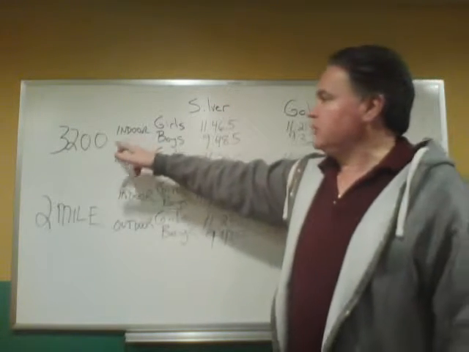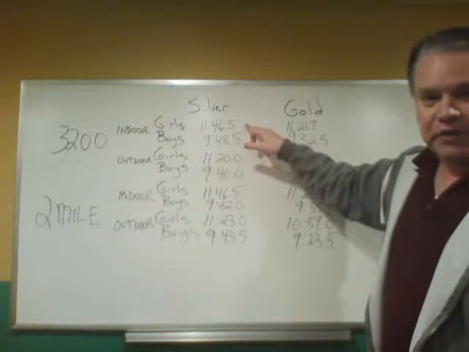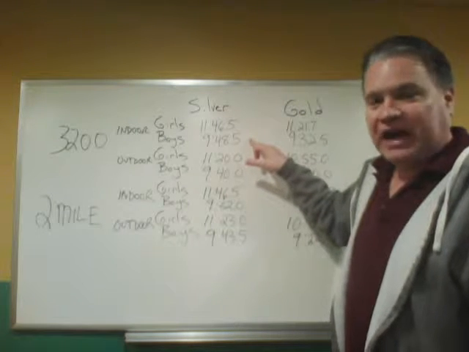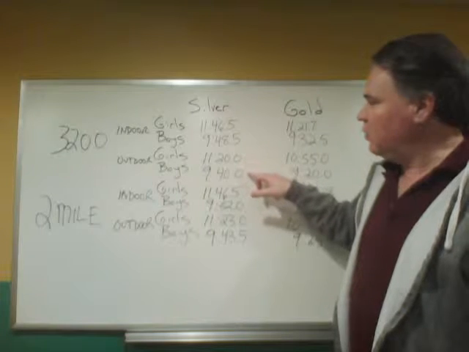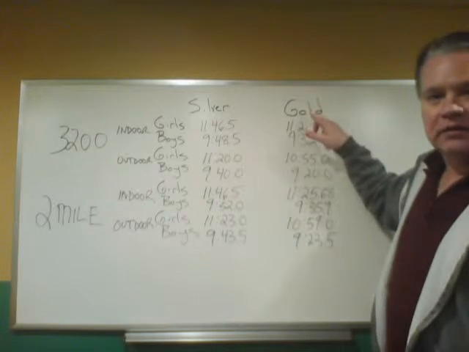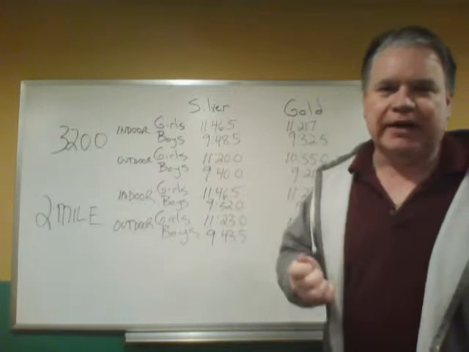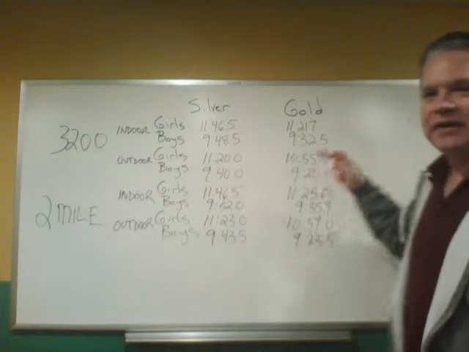So indoors, 3,200, girls 11:46.5, boys 9:48.5. Outdoors, girls 11:20 flat, boys 9:40 flat. Gold elite, that's the time where a high-level D1 program is interested in you if you can hit a gold elite time.